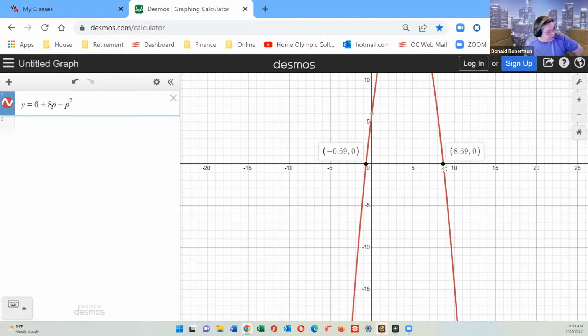And that would be good if they had asked me to give the answer to 2 decimal places. I'd be fine. But you agree there's no square roots in this, so that's not an exact value. So we tried, which means that sometimes, things don't work out right.